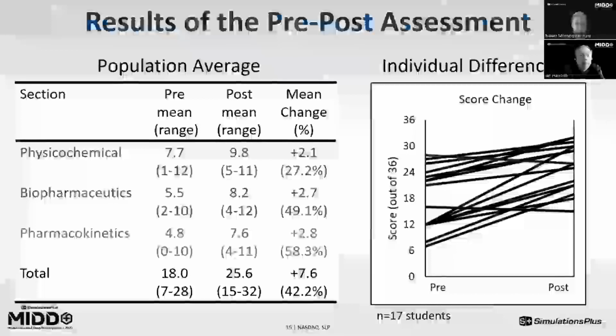The physical chemical properties were already fairly well understood, and that probably reflects the background of the students, but we were able to improve understanding in that area. Biopharmaceutics and pharmacokinetics were a little less well understood before the course, but showed good improvements. So overall, the total scores improved from an average of 18 to an average of 25.6 from pre to post course.